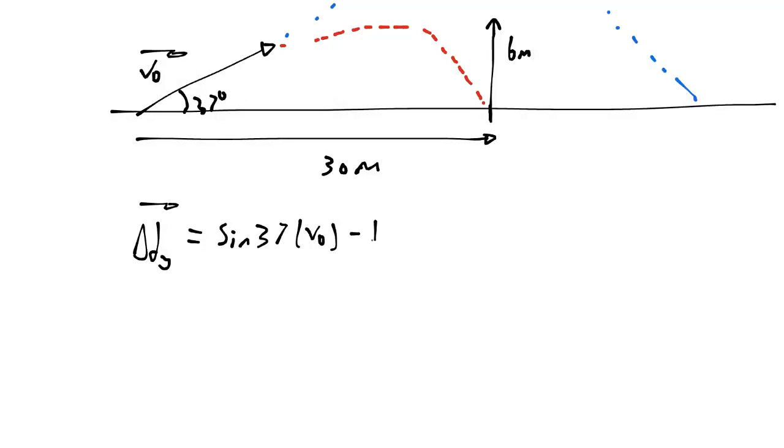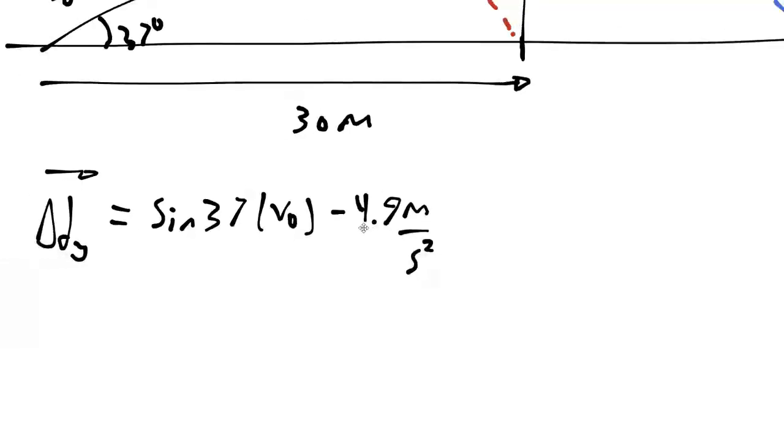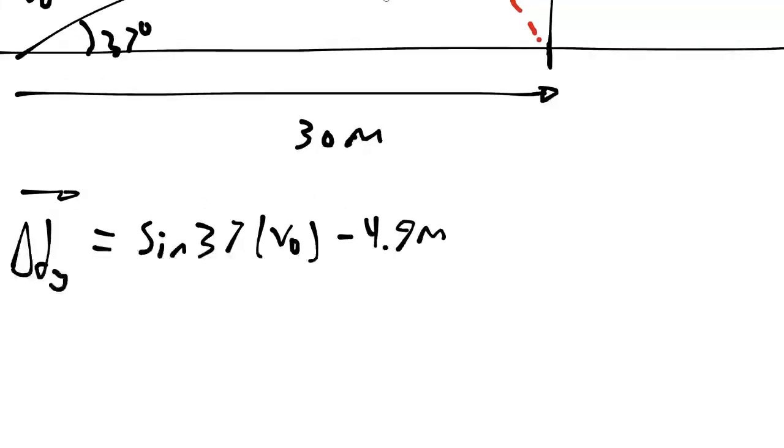So 4.9 meters a second squared. Actually, hold up, I made a mistake here. So V naught times delta t, subtract 4.9 delta t squared. Okay.